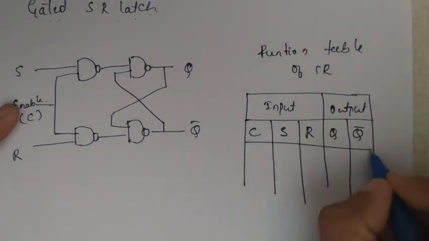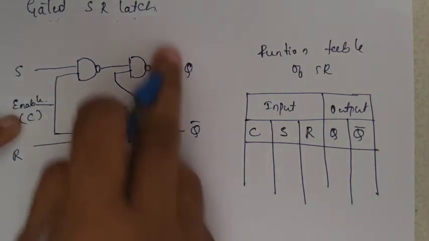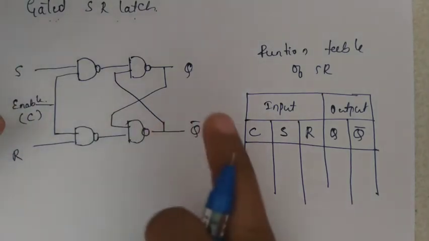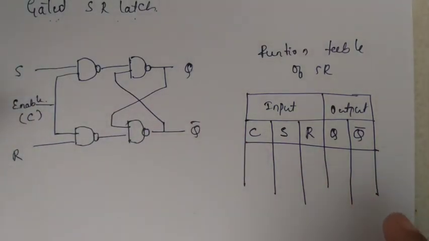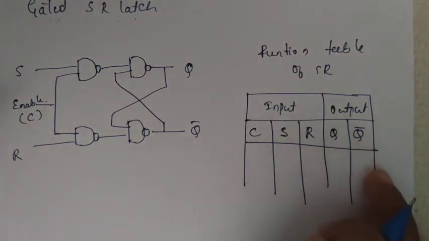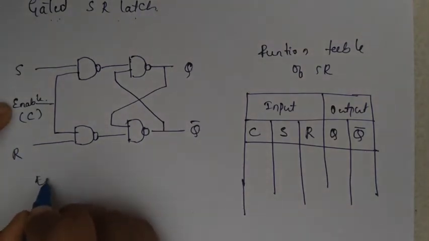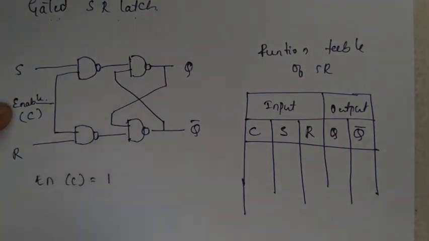If enable, that is C, is equal to 1, this gated SR latch will act as an SR latch. In the function table, if both are 0, 0, the previous value will repeat.